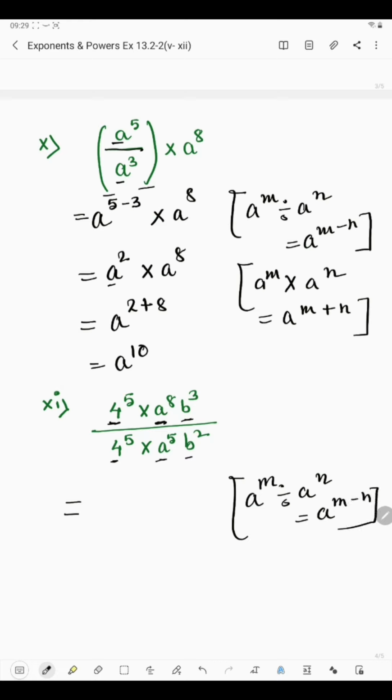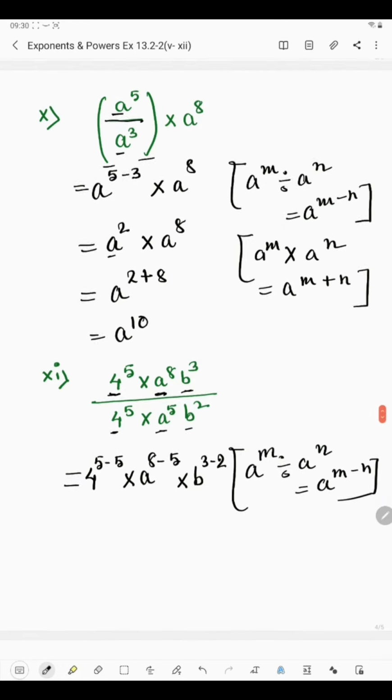So here we'll write the base which is 4 and subtract the powers which is 5 minus 5, multiplied by, we'll write the second base which is a and we'll subtract the power which is 8 minus 5, and we have b. So we'll write the base b and subtract the powers which is 3 minus 2.